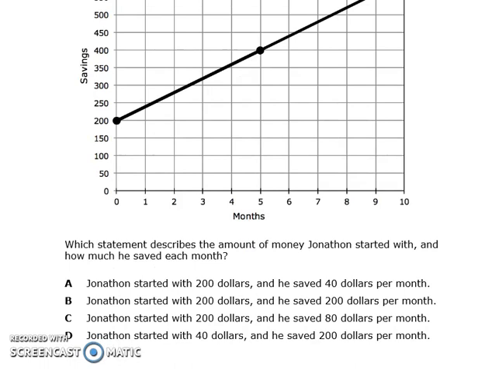A. Jonathan started with $200 and he saved $40 per month. B. Jonathan started with $200 and he saved $200 per month. C. Jonathan started with $200 and he saved $80 per month. Or D. Jonathan started with $40 and he saved $200 per month.